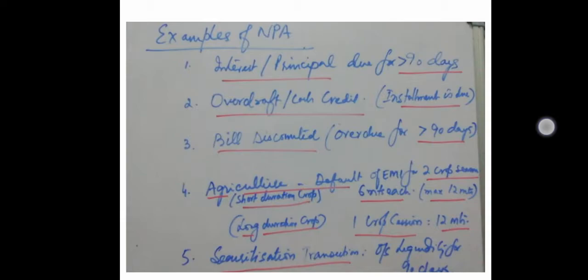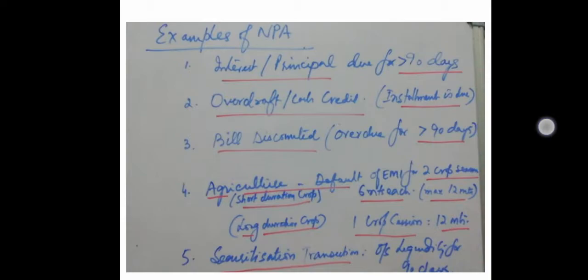Now next, you also have securitization transactions. Securitization transactions are usually meant for investors. In this case, the bank may also be an investor in a securitization process, where they have put up some of their investments.